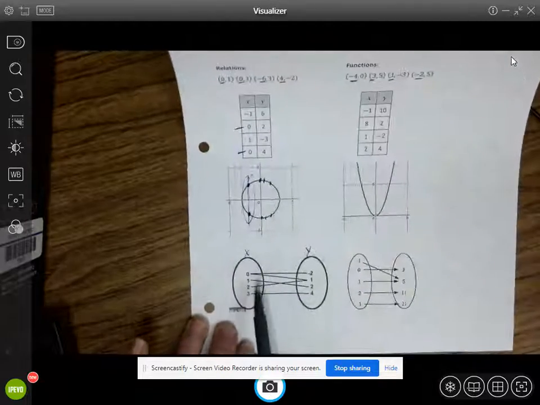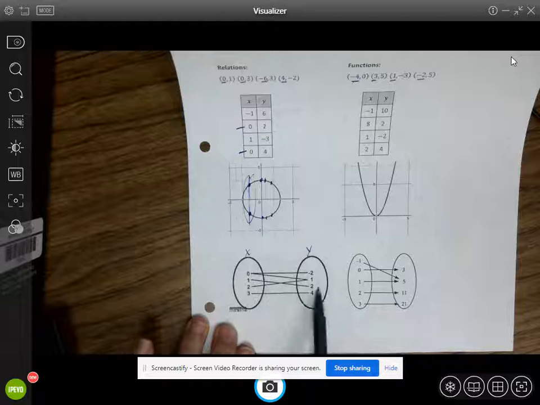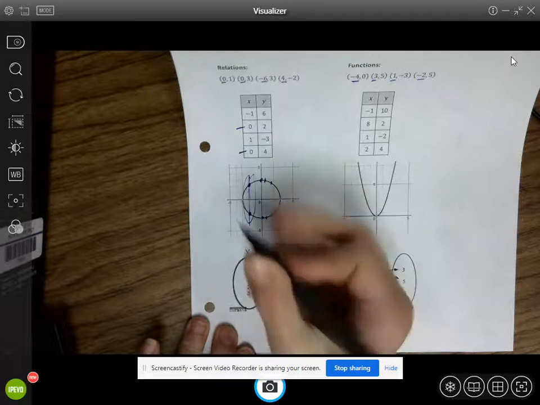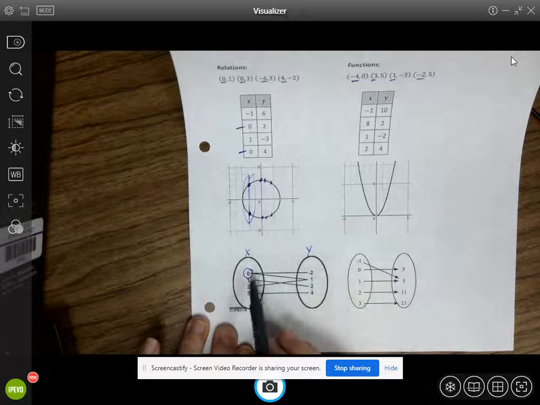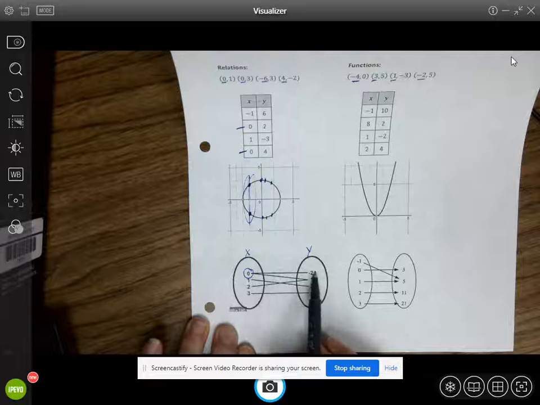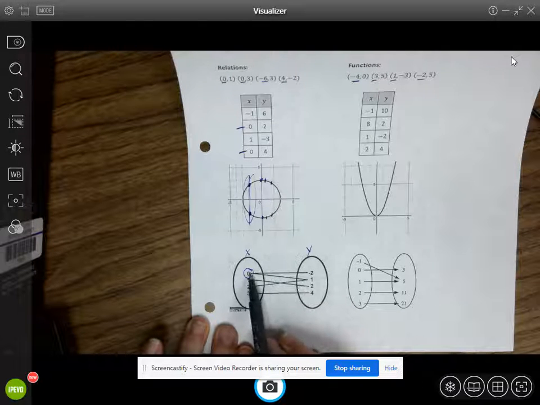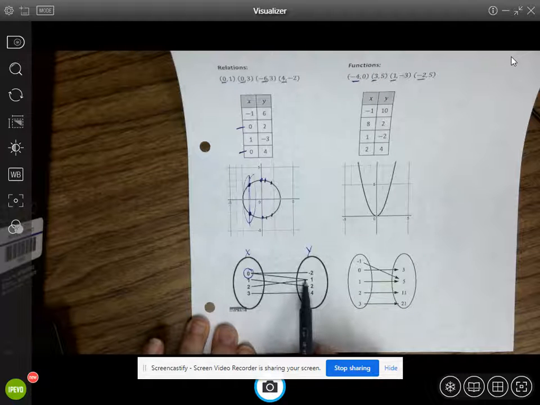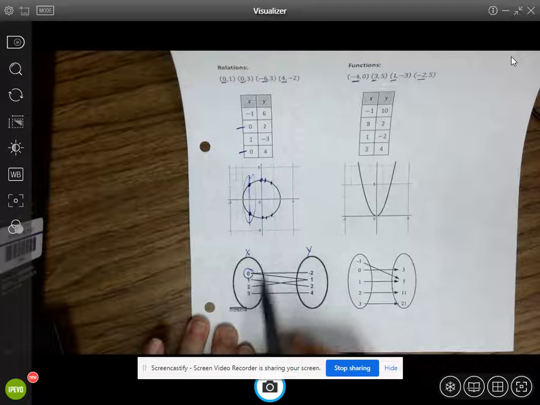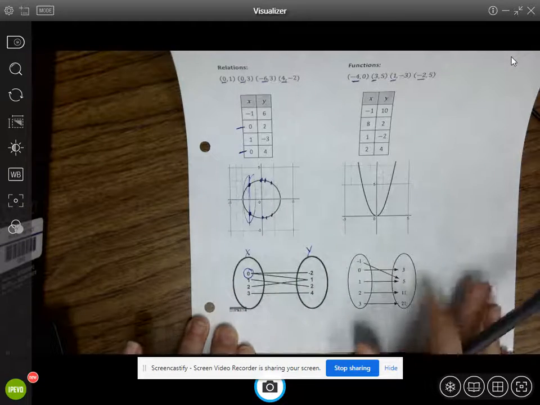When we look at our mappings, like we said, x's are the ones here on the left, and the y's are the ones on the right. So you see how this 0 has two lines coming out of it. That's taking 0 to -2 and 0 to 1, which means 0 has 2 y values with it, which makes this one a relation, but not a function.